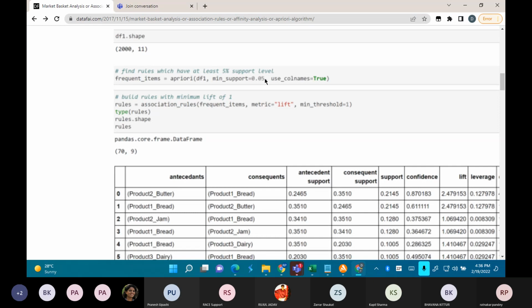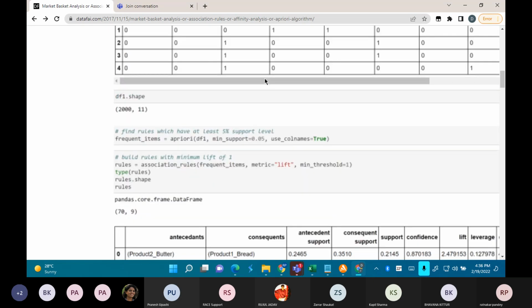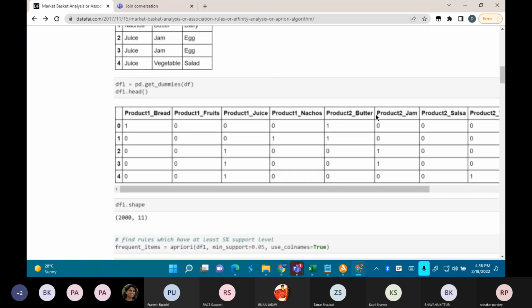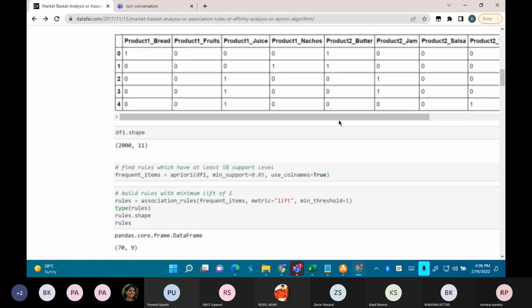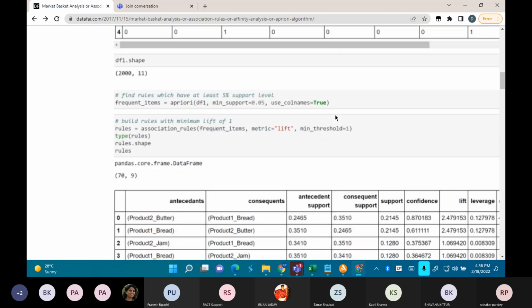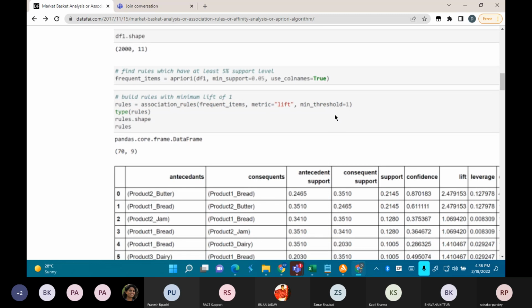If you tell me that somebody who has bought fruit will buy, let's say, butter, then unless that happens at least 5% of the time, do not give that rule to me. That's the minimum criterion that I've specified.